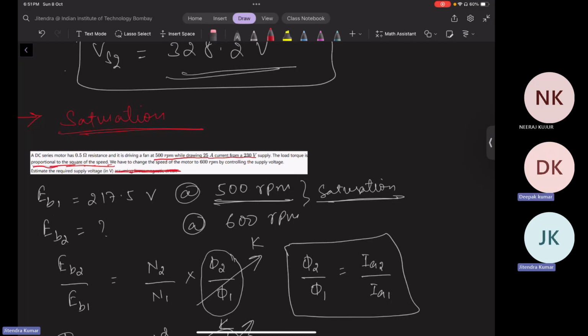If you change the flux, then you will end up changing your load torque or current, right? So you cannot manipulate the field current separately. Now, to operate at the load torque, whose requirement is itself the square of speed, you have to maintain that from the supply only. Is it fine? Yes, sir.